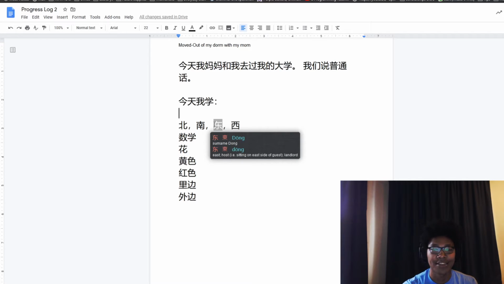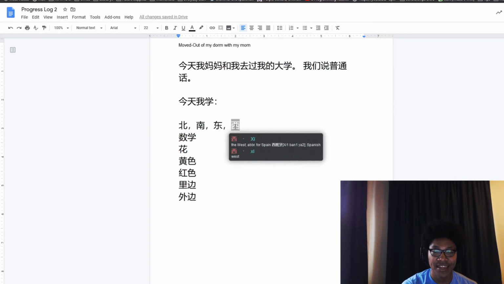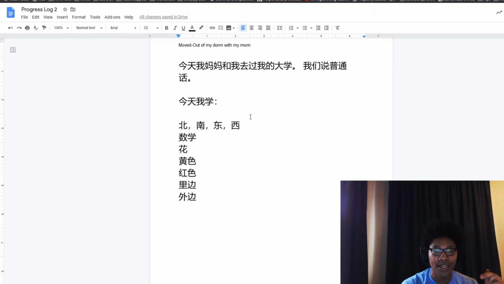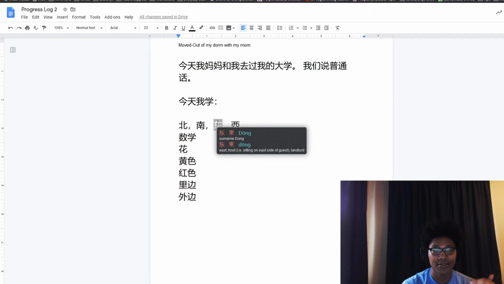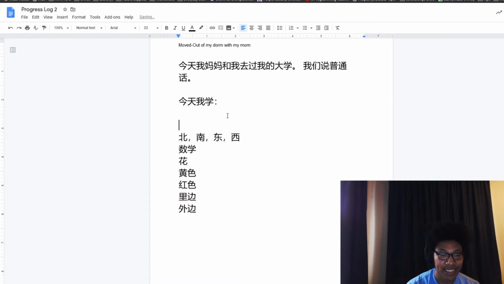I'm not even pointing in the right direction, so north, south, camera, so I think east, west, and west is Xi, so 广东, the Dong in Guangdong is actually the same as east, so you have Guangdong, which is East Guang, or I guess that's how West Guang.